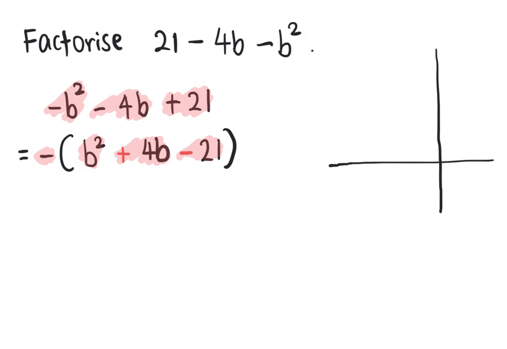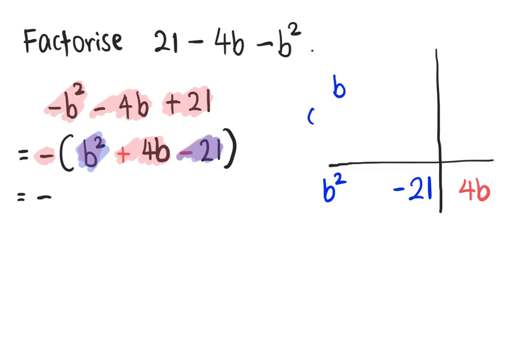Then my job now is to factorize the bracket. At this point, there will be a negative outside. And so now I'm going to position b squared and my negative 21. And I'm going to position my positive 4b at the right side of the cross chart.